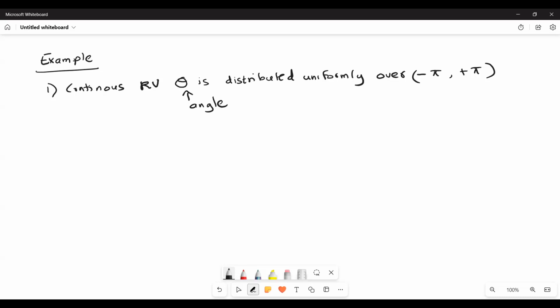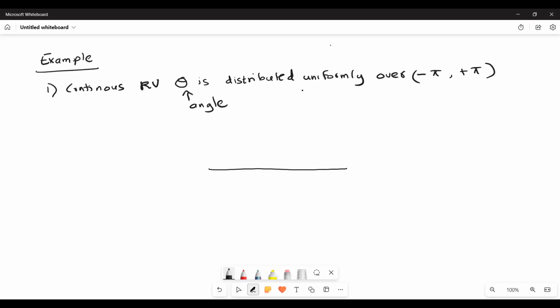Is the probability constant, or is it different? Is the probability constant all over the theta range, as you think? Right? If some random variable is uniformly distributed, that means, yes, it is constant.